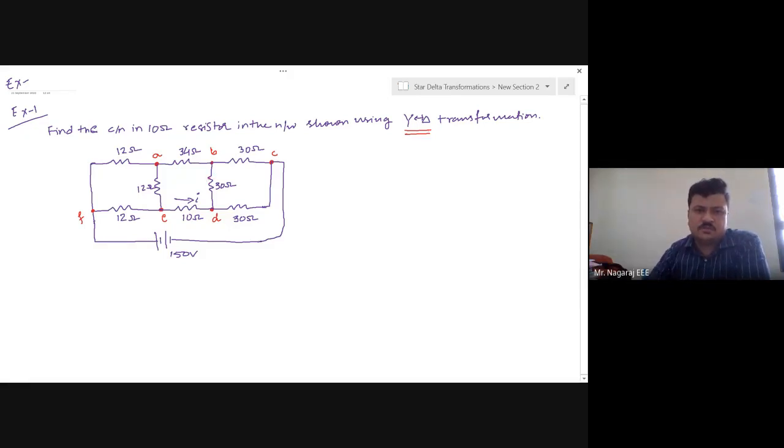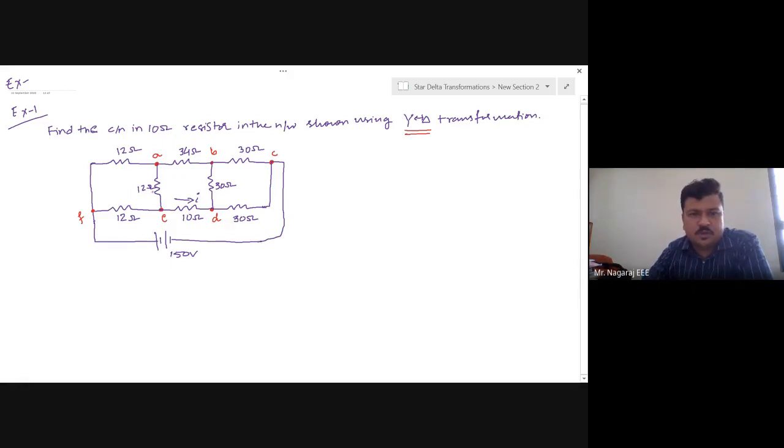Now you should observe which will be more useful, whether to go for star to delta transformation or delta to star transformation. Always remember, when I go from star to delta, I am increasing one loop, because delta will form a loop.